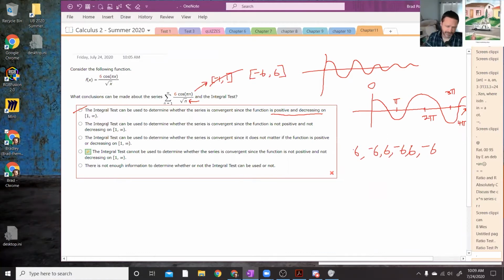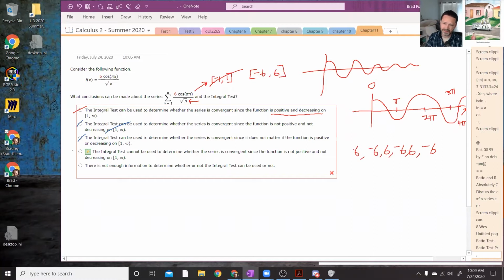Okay, so this is the way I would do it. I'll just go through them. Integral test can be used since the function is not positive. Oh, that's just wrong, because integral test says it has to be positive and decreasing for the integral test to work. So that's no good. The integral test can be used. And we already know, no, it can't be used, so we're done. It cannot be used since the function is not positive and not decreasing.